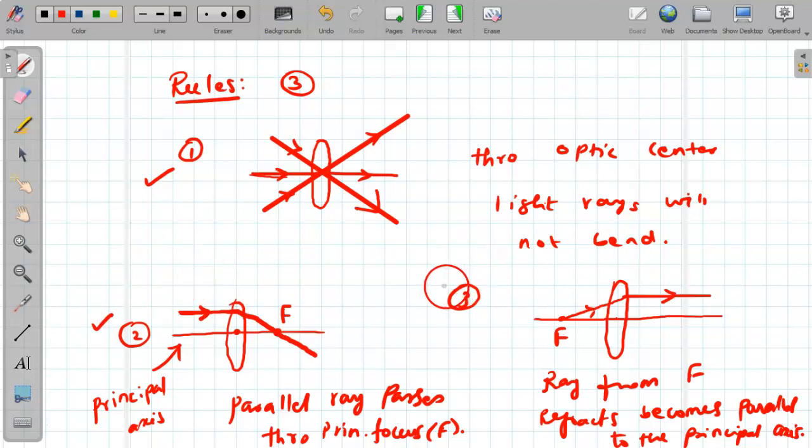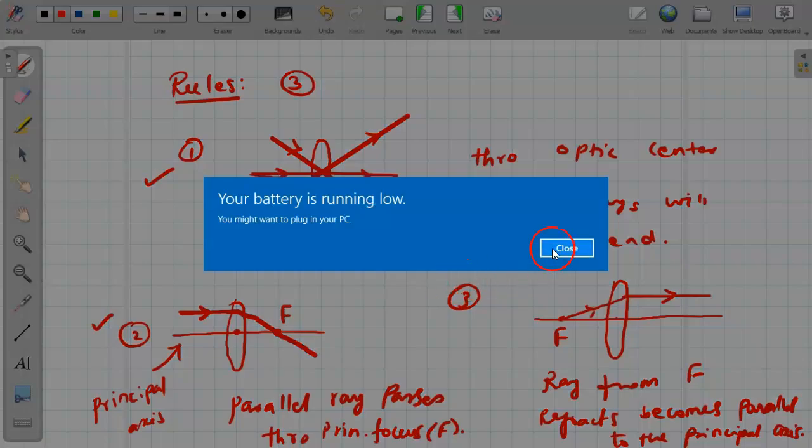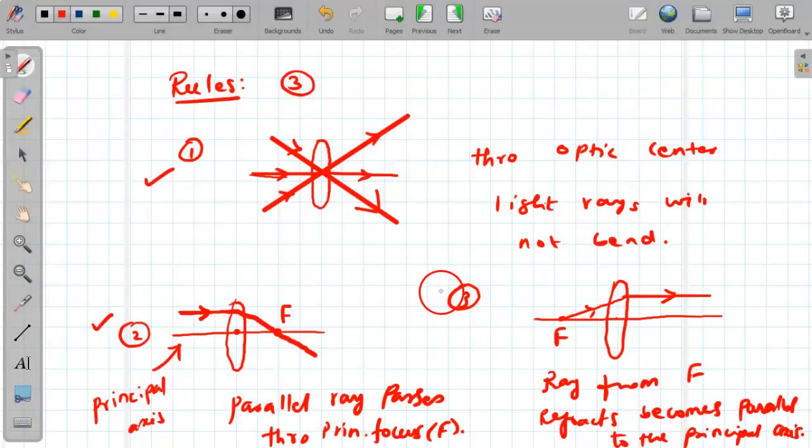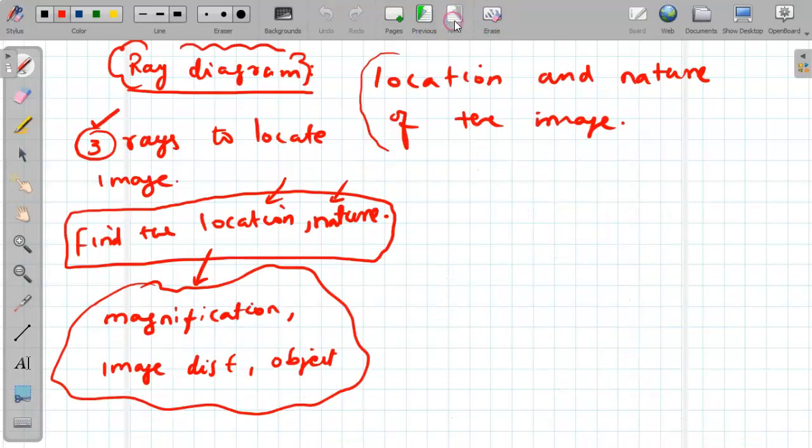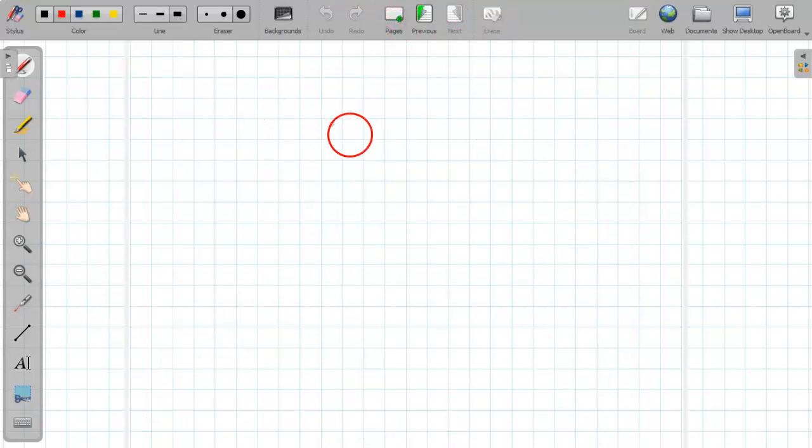But sometimes the examiner specifically asks, draw the three rays to locate the image. Then we have to draw the three rays. Okay, now ray diagram 1. We have 6 cases, case 1 2 3 4 5 6.